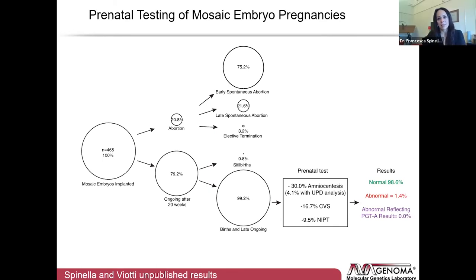Actually, there are just some hypotheses based on experimental mouse models of mosaicism. The experiment of Bolton performed on mouse mosaic embryos demonstrated that when the level of aneuploid cells within the embryo is lower than 50%, the embryo during development may rescue these aneuploid cells and become completely euploid. How?